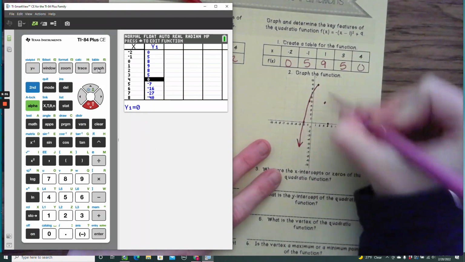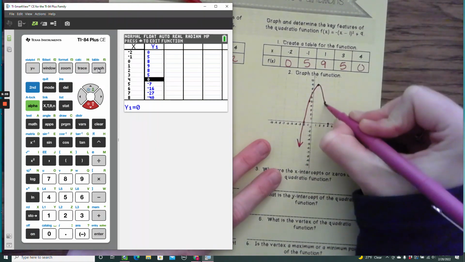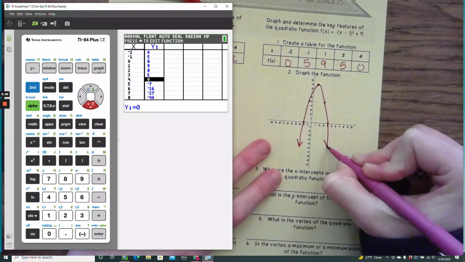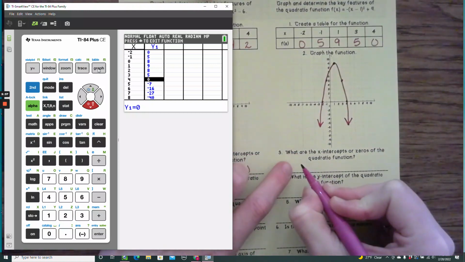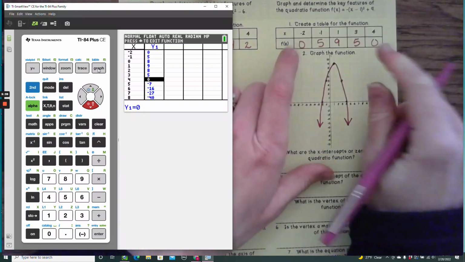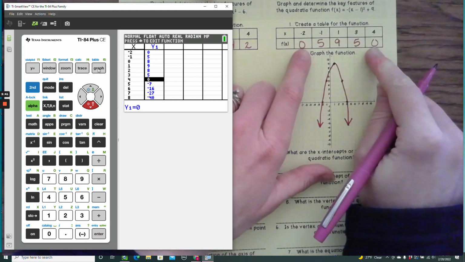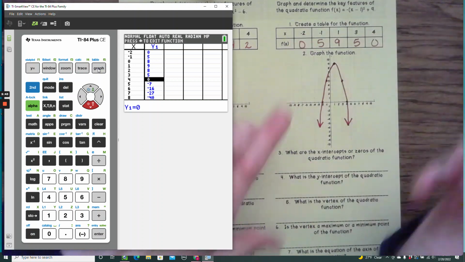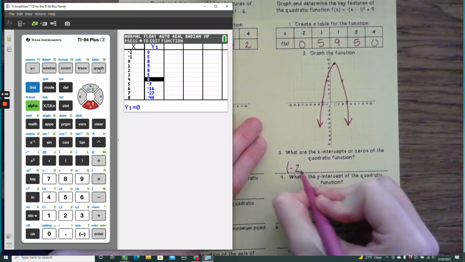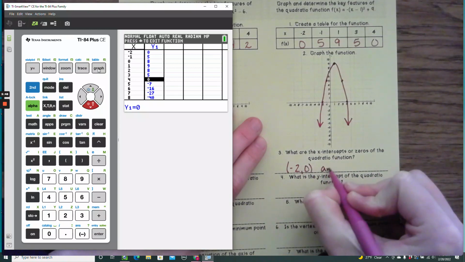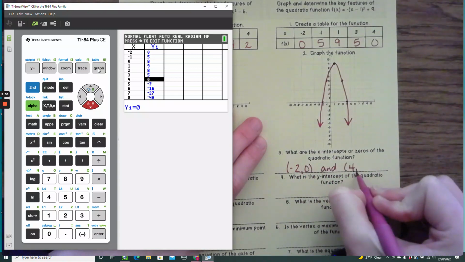So this one is going to open downwards. Okay. So it says, what are the x-intercepts? On this one, it's easy. Wherever the y's are 0, those are our x-intercepts. So our x-intercepts are -2, 0, and 4, 0.